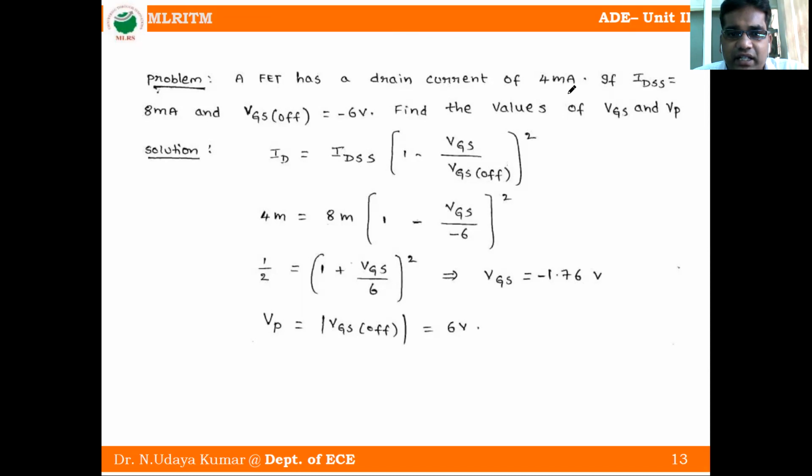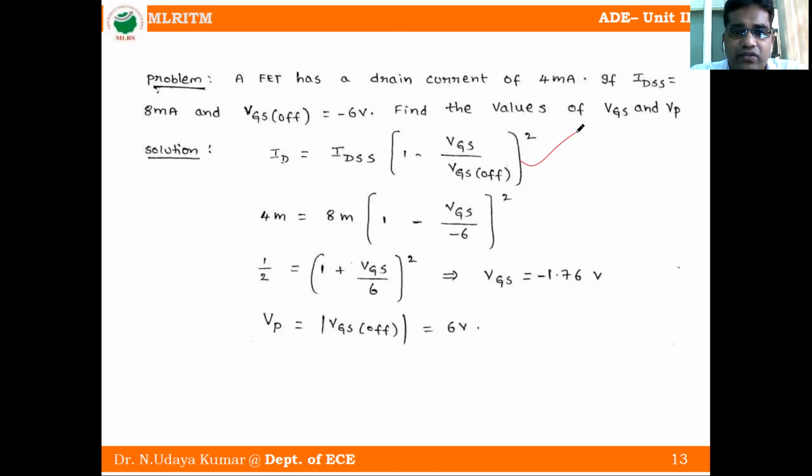If IDSS is equal to 8 milliamperes and VGS(off) is equal to 6 volts, find the values of VGS and VP. So we know that ID is equal to IDSS into (1 minus VGS by VGS(off)) whole square.